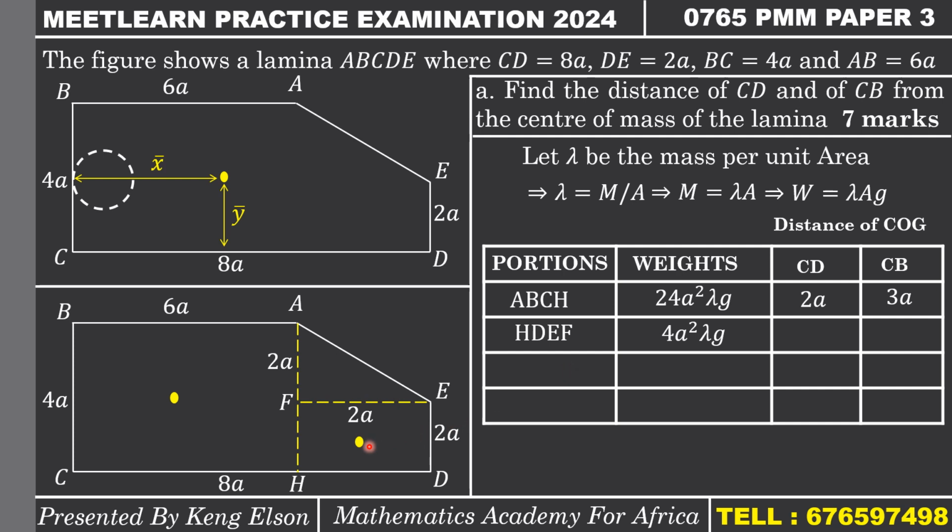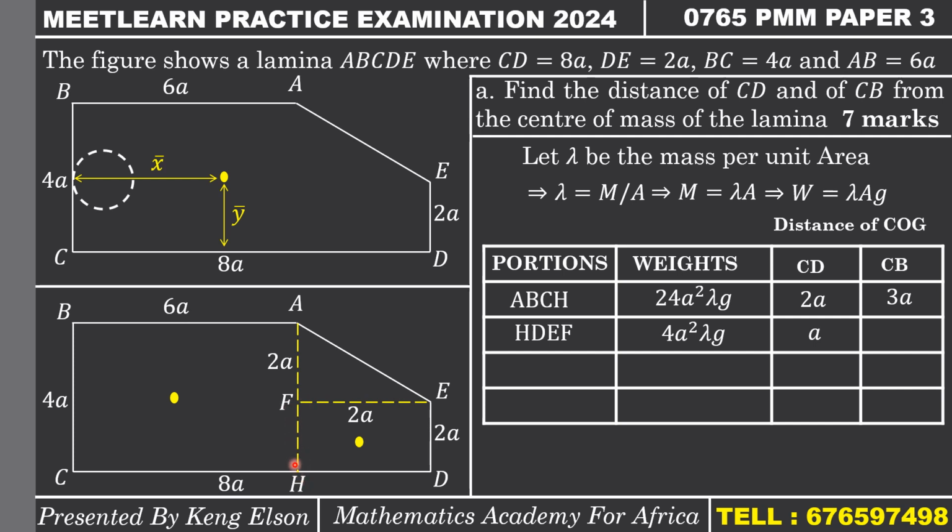Now, the position of the center of mass of this square is also at its center. Now, let us find the distance from CD. It is this vertical distance, and that distance is basically 2a divided by 2, which is a. Now, let us find the distance from CB. To find the distance from CB, we first start by finding the distance from the side of the square, which is HF.